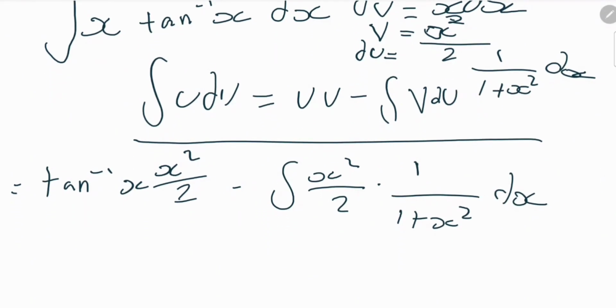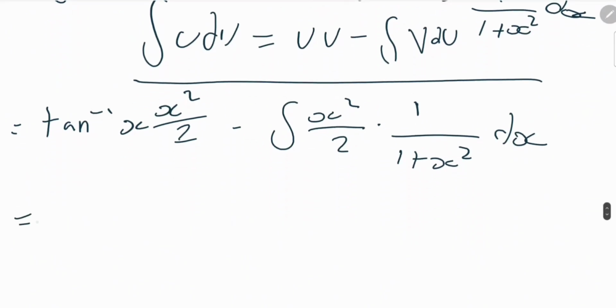Okay, so let's rewrite this. Arctan times x squared over 2, or x squared times 1 over 2, minus the integral of x squared over 2 times 1 over 1 plus x squared dx.